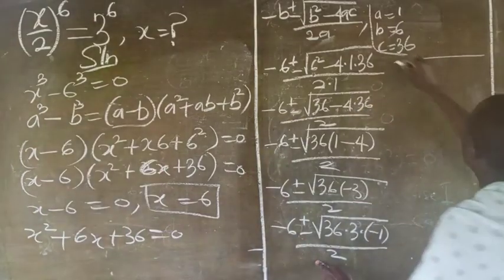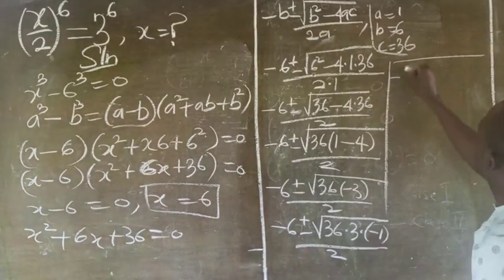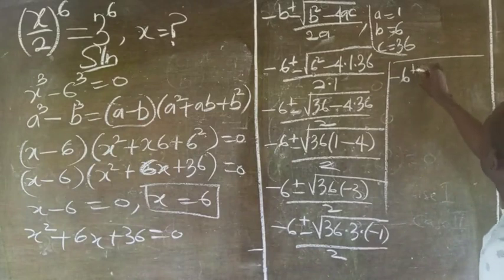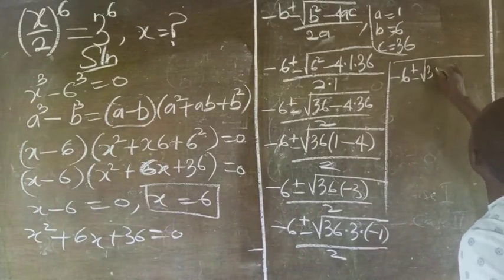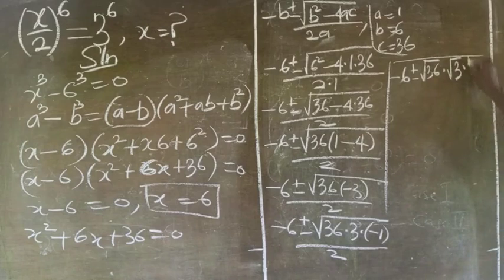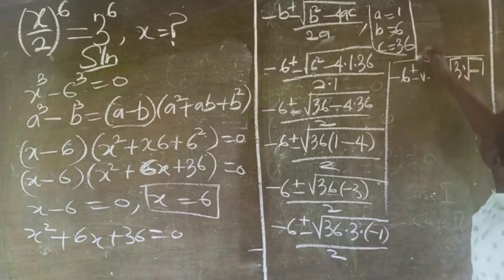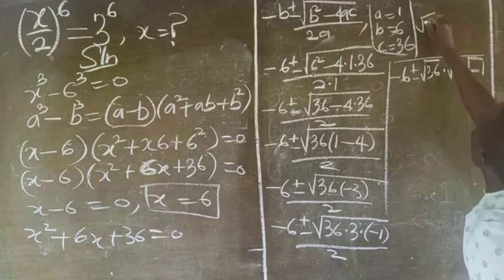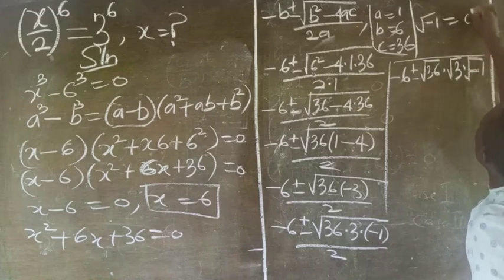We'll continue from here. So this is minus 6 plus or minus square root of 36 times square root of 3 times square root of minus 1. But the square root of minus 1 is equal to i.